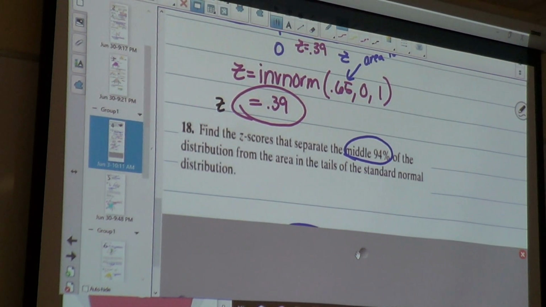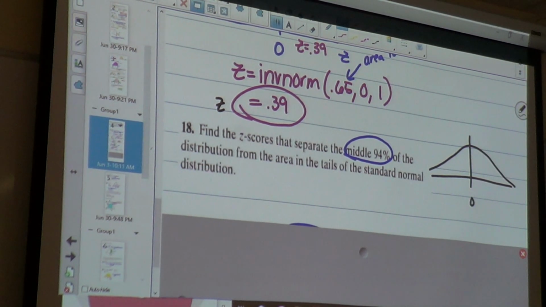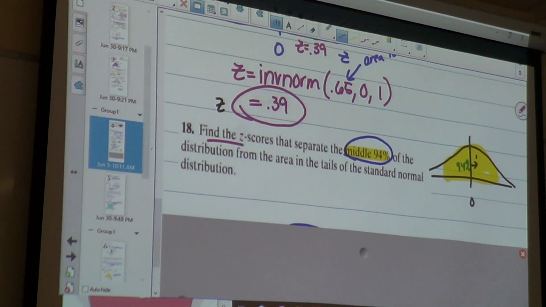Okay, so if we draw this, we still have our 0 and our 1. And it's telling me the middle 94%. So we have 94% in the middle. I want to know there's going to be a z-score here and there's going to be a z-score here.